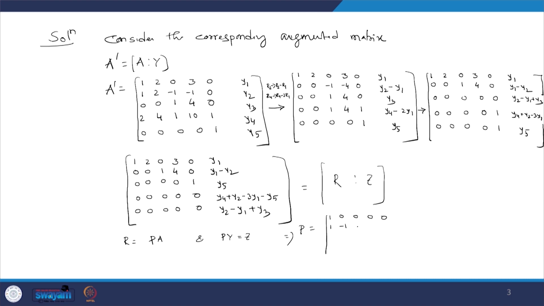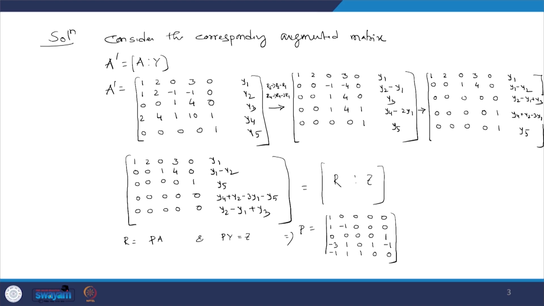The coefficient of y 3 is 0, so it is 0, similarly like this, and then 0 0 0 0 1, and the fourth row will be minus 3 1 0 1 and minus 1. The fifth one will be minus 1 plus 1 plus 1 0 0. So, this is the P matrix.